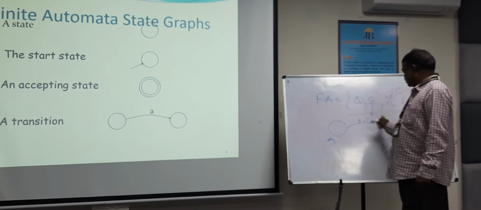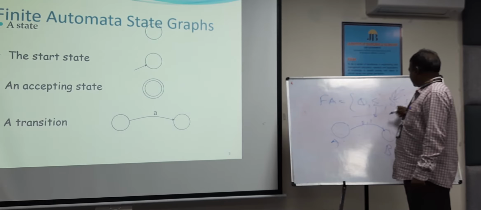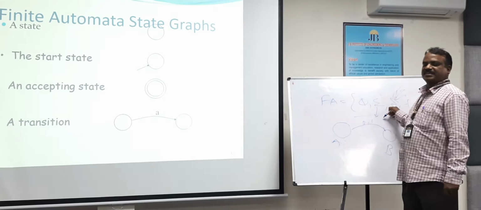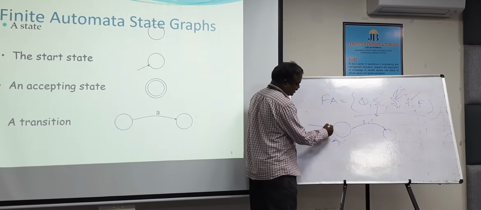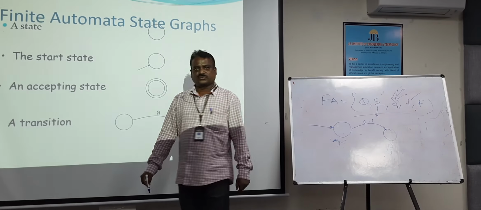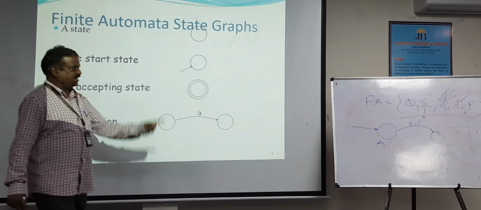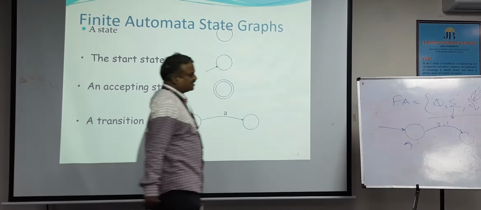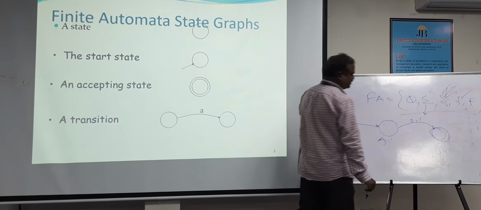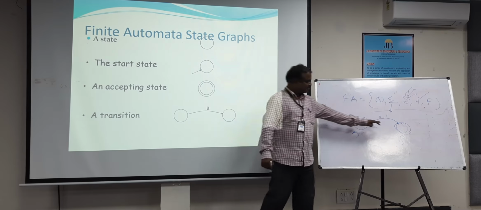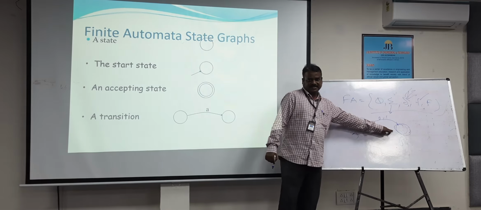And F is the initial state. Initial state will be denoted by an arrow mark to that particular state. And F is the final state. Final state will be denoted by a double circle. Double circle of that particular state, we call that a final state.